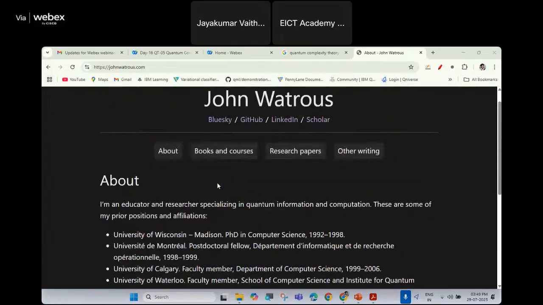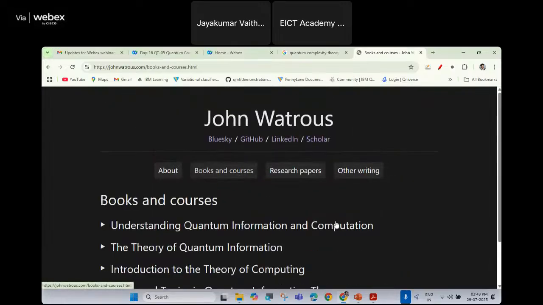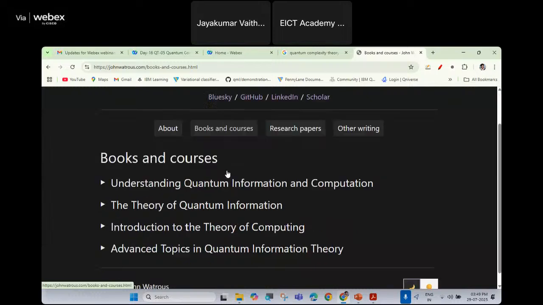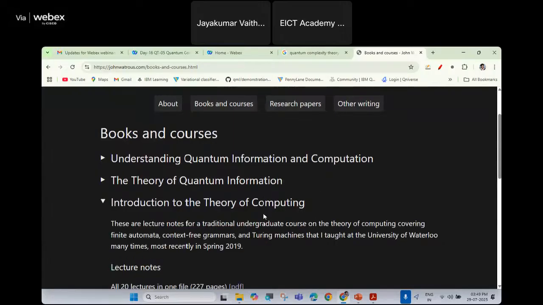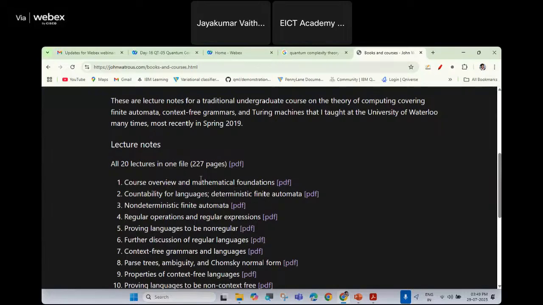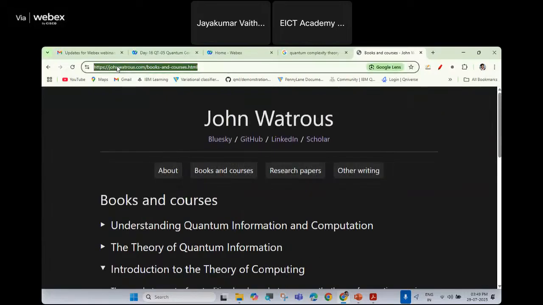There I can see books and courses. If you want to understand quantum computing, first you need to understand the theory of computing. I'll share this link also.